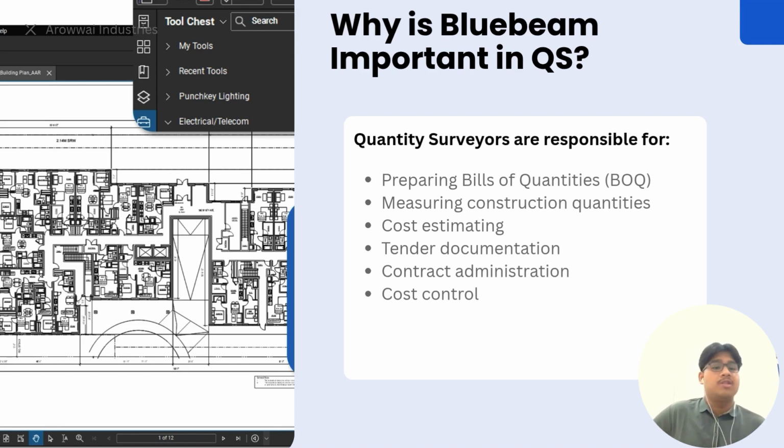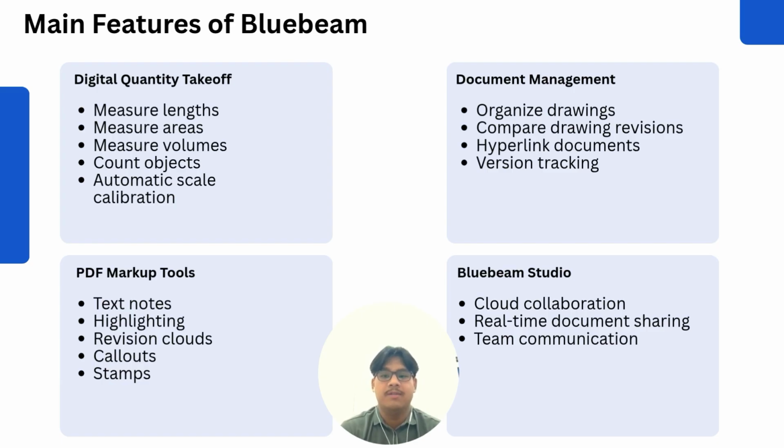Quantity surveyors are responsible for preparing bills of quantities, measuring construction quantities, cost estimating, tender documentation, contract administration, and cost control. So, this is the main feature of Bluebeam. First, we have digital quantity takeoff. They can measure lengths, areas, volume, and count objects, with automatic scale calibration.